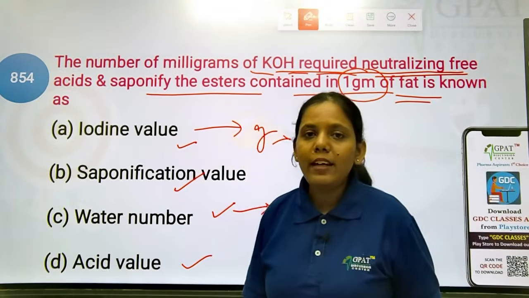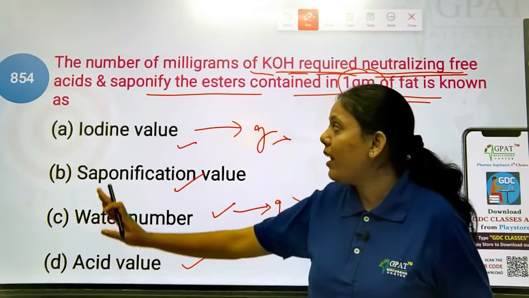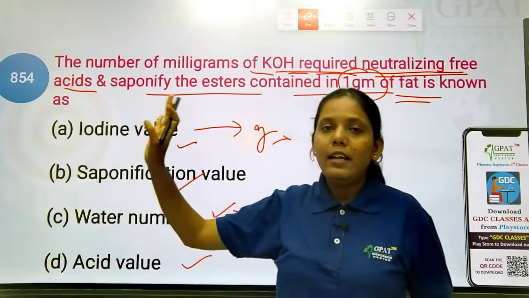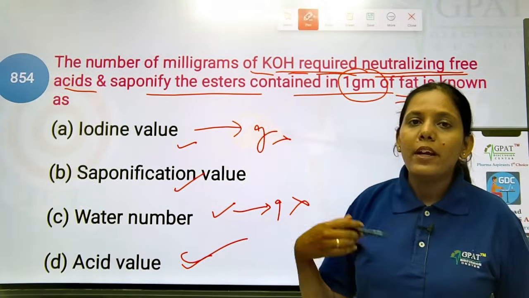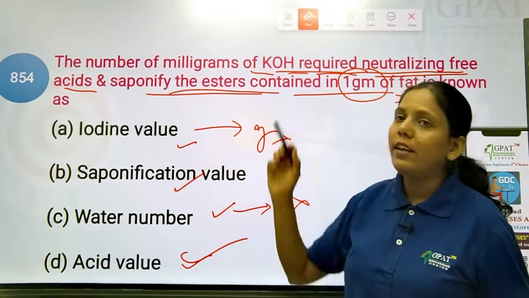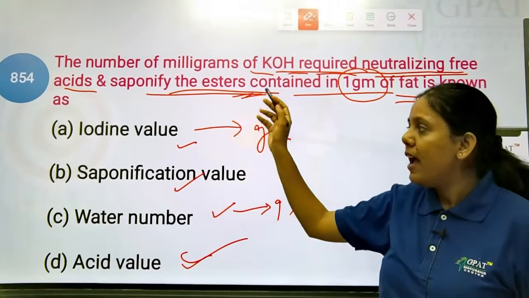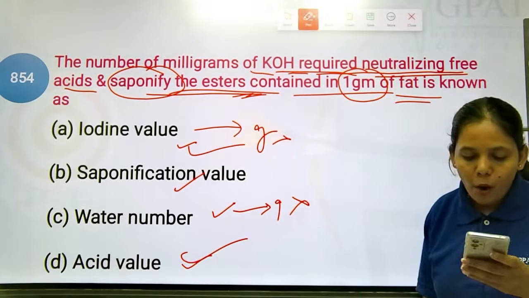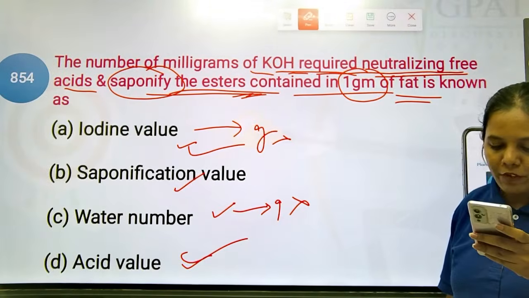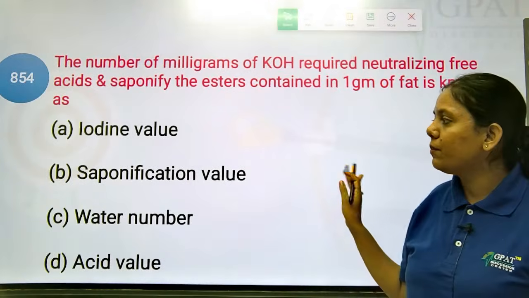Now, if they tell you how many mg of KOH is required to neutralize free acid, then it is the acid value. But one more statement is there, that it saponifies the esters. If they use the words saponify the esters, then option B, saponification, is the right answer. Very good.